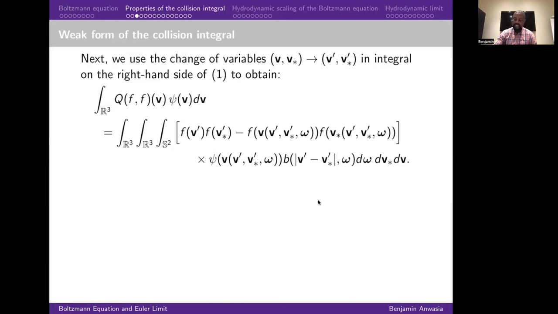Now to see that the collision kernel is invariant under this transformation, again observe that the absolute value of V minus V star squared is equal to the absolute value of V squared plus the absolute value of V star squared minus 2 V dot V star.